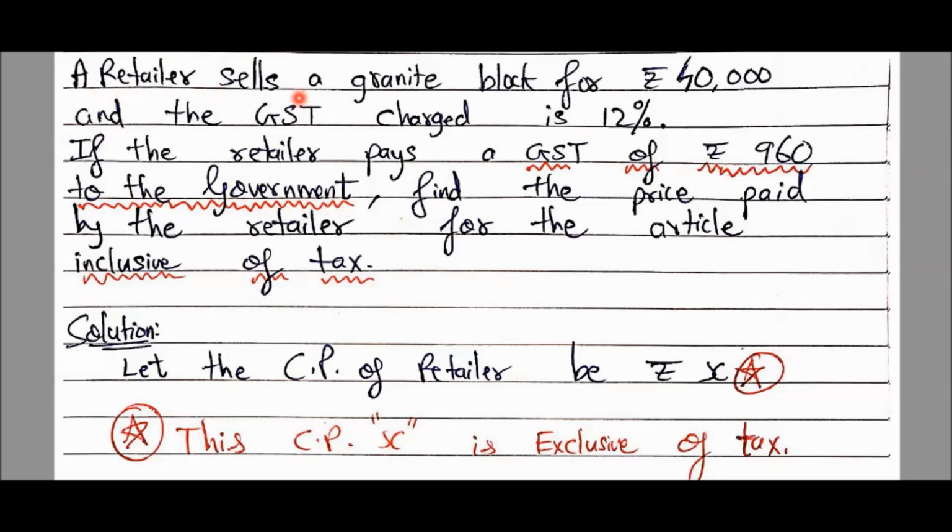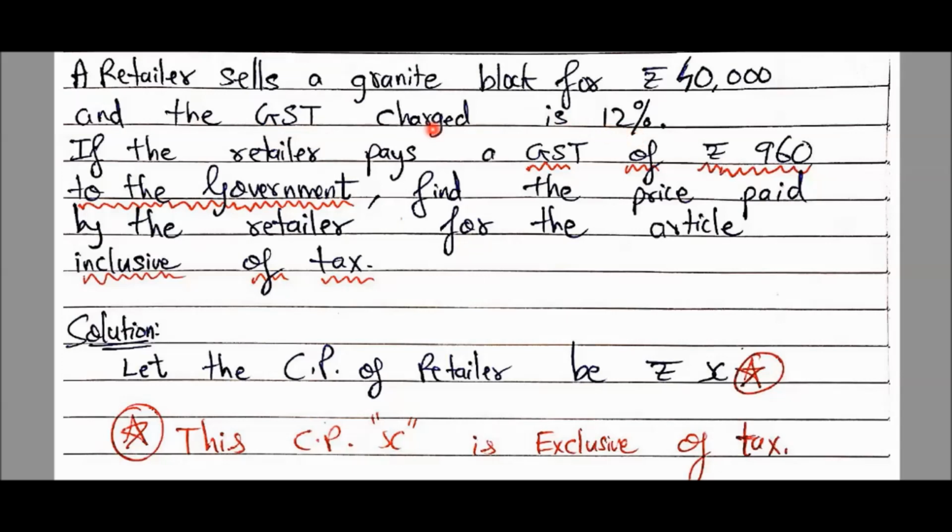A retailer sells a granite block for rupees 40,000. Reading up till here, can I say selling price of retailer is rupees 40,000? And of course, when something like this is given, that figure is excluding the tax, not including the tax. And the GST charged is 12%.